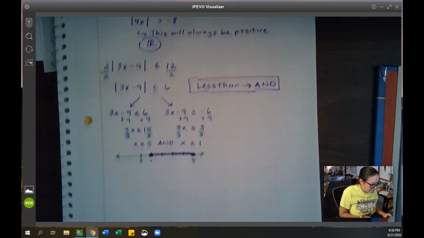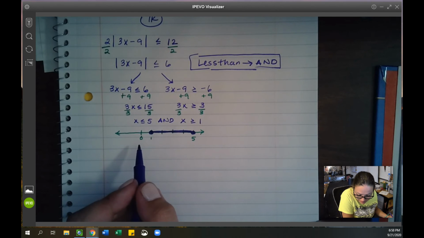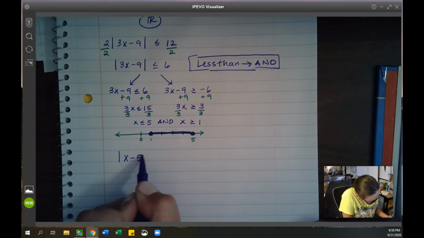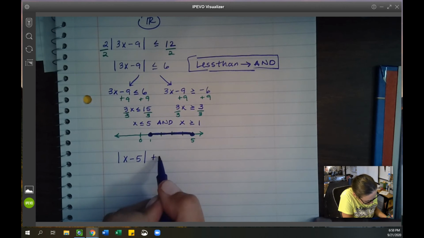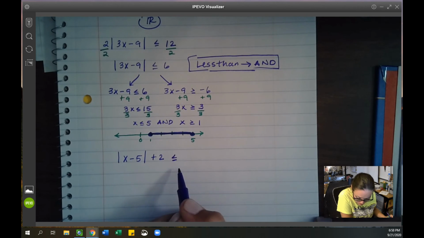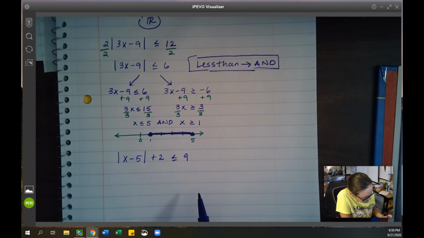Okay, let's try these two. I'm going to give you these two to do on your own. So let's say I have absolute value of x minus 5 plus 2 is less than or equal to 9.